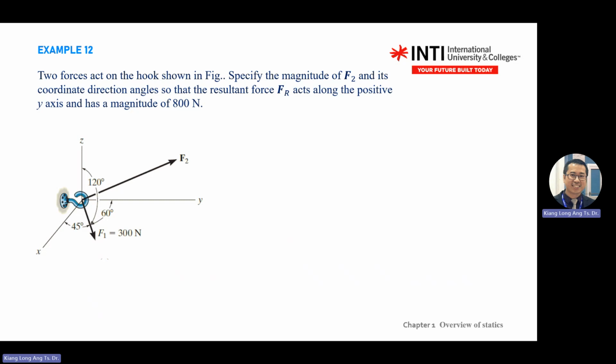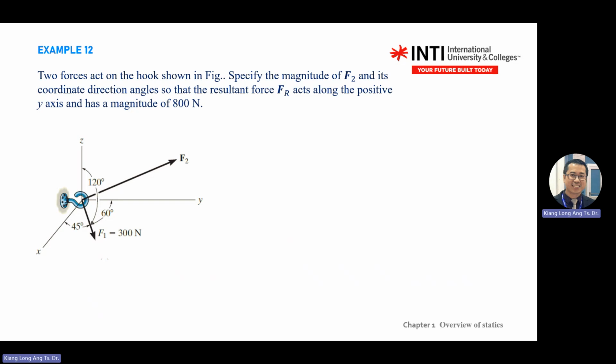This one, you are given individual forces. You are given the resultant, and you need to find F2. You are given F1. You are given FR. FR direction is given already. FR is along the positive y-axis.